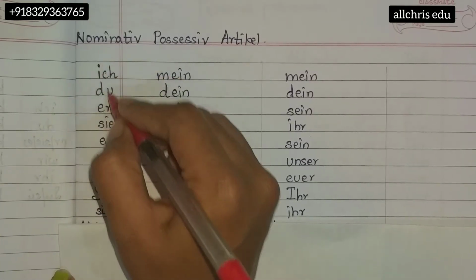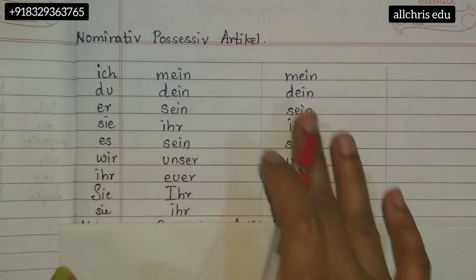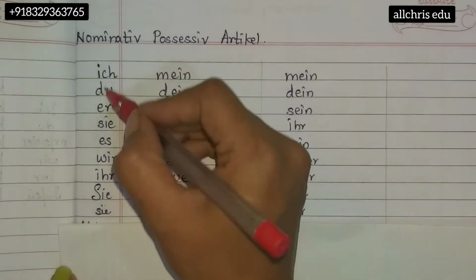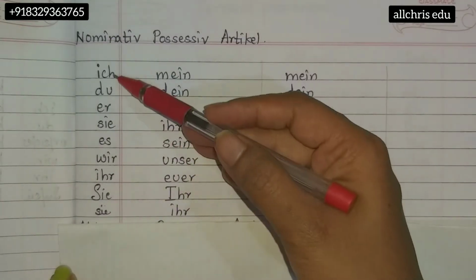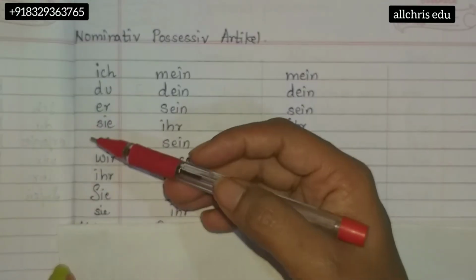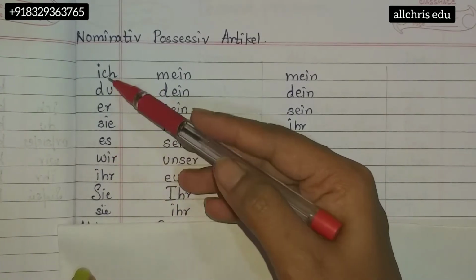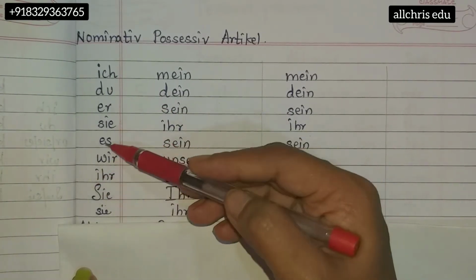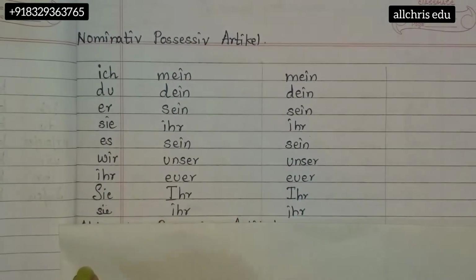These are called personal pronouns, which are only going to be a help to you while doing this chart. This is just like a diagram, so don't consider this as a possessive article. These are personal pronouns which we need while writing possessive articles, so we are writing them outside the margin.